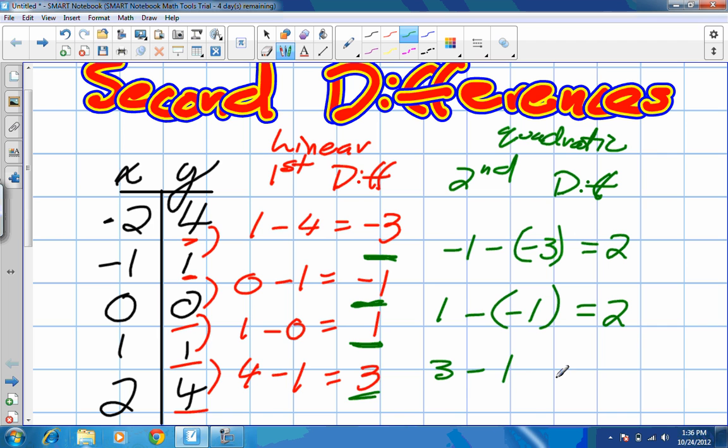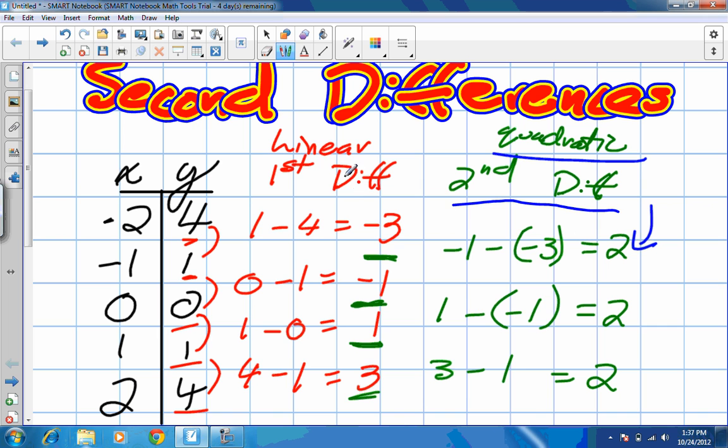What do we get? 2. So, all of these were the same. Because all of them are the same, that means we have a quadratic relationship. So, if second differences are all the same terms, assuming it's not 0, they're quadratic. If first differences are all the same, that means it's linear. And if none of them are the same, well then it's neither linear or quadratic. Okay?